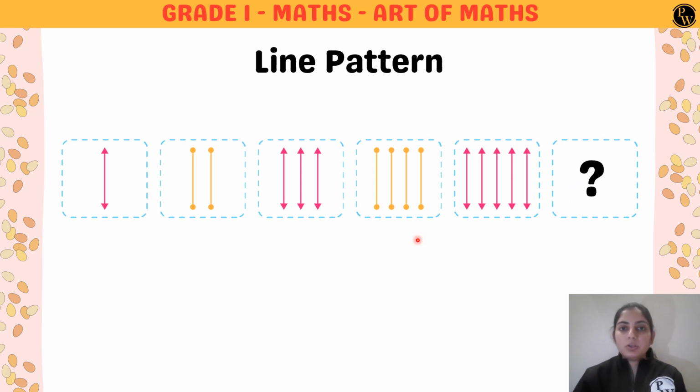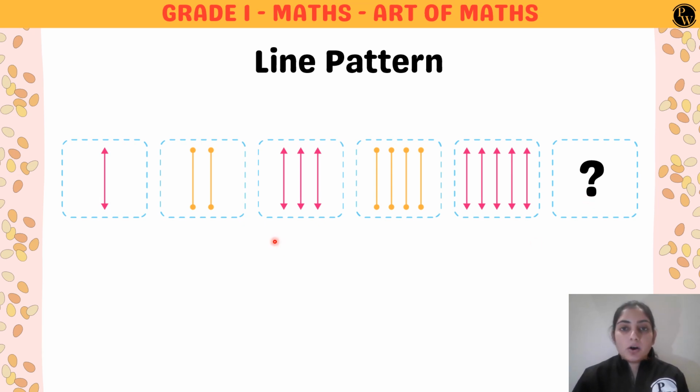Can you tell me what will come in the place of the question mark? We can see one line is added in the second box, then one line more, one line more, one line more. So if we add one more to the 5 lines, how many lines will we get? Correct, it will be 6 lines.